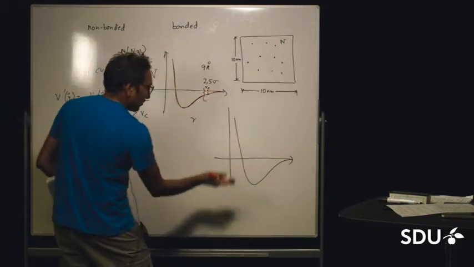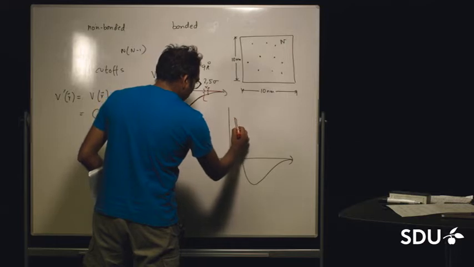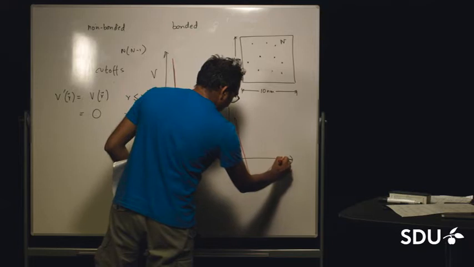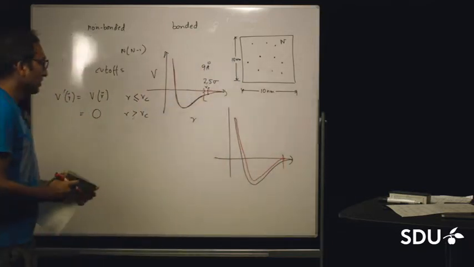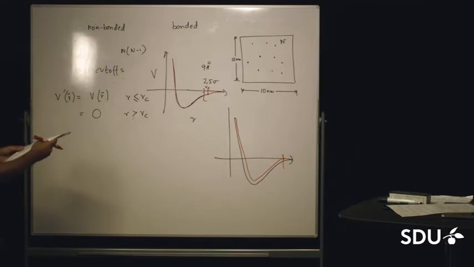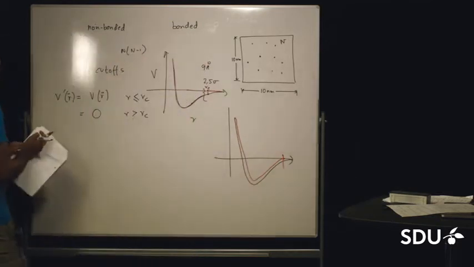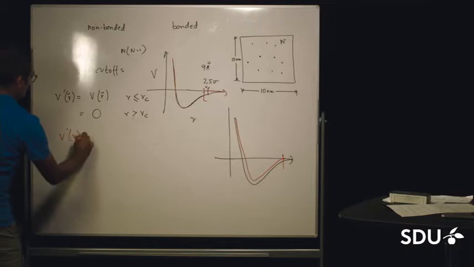So, the entire curve is shifted up by a certain value, so that the modified potential looks something like this, and it becomes 0 at this cutoff. So, in that case, mathematically the modified potential will look like this.